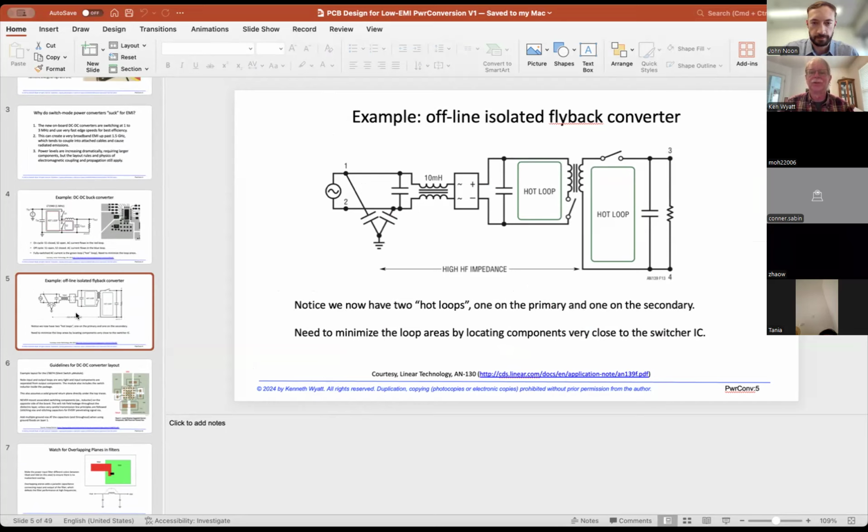I try not to use the word ground because it means so much to people, so many different definitions. So on the left of this would be the power return, and because it's isolated, on the right side would be my digital return.